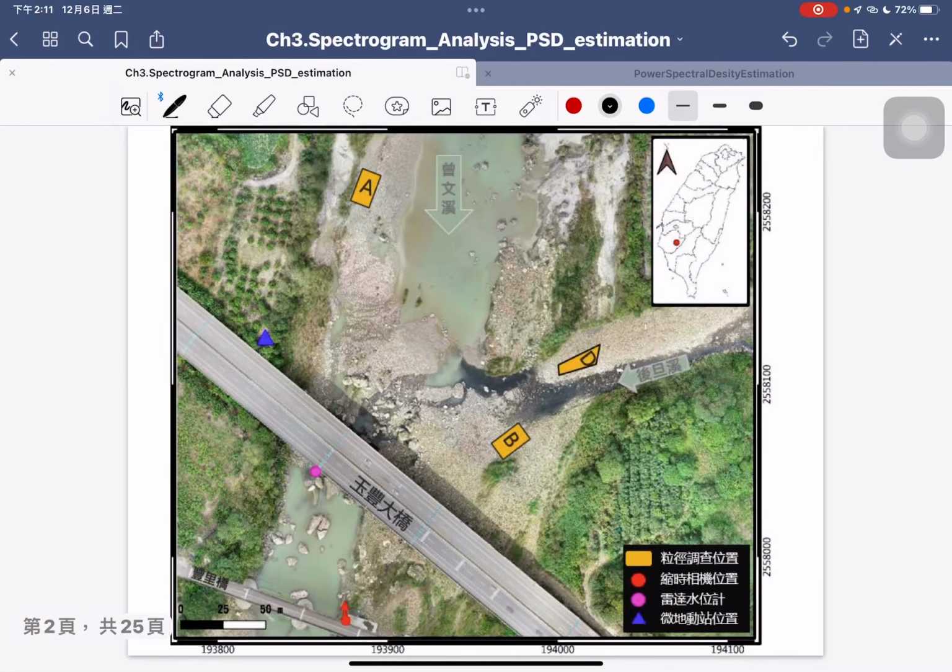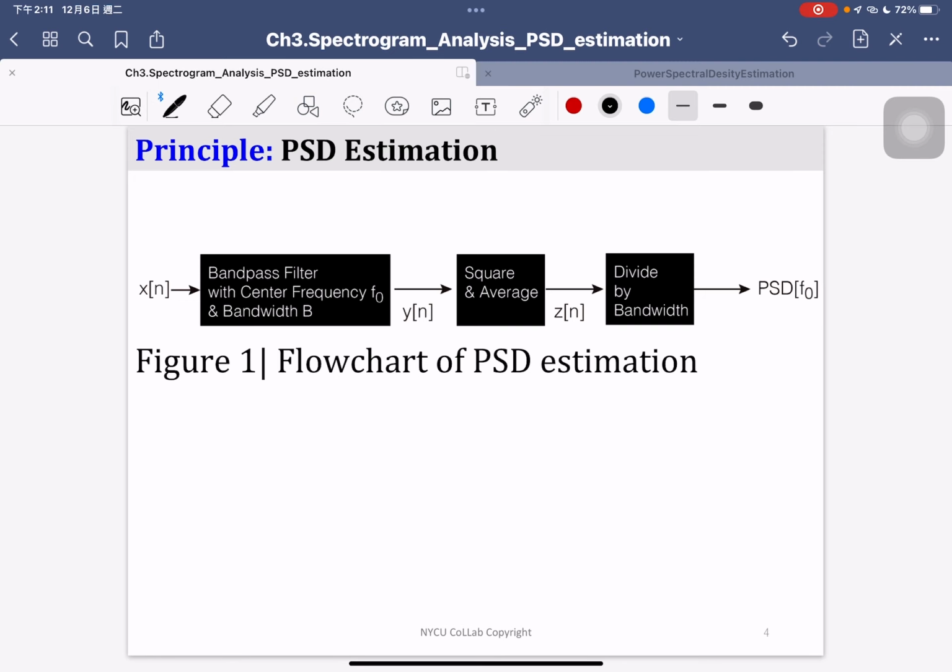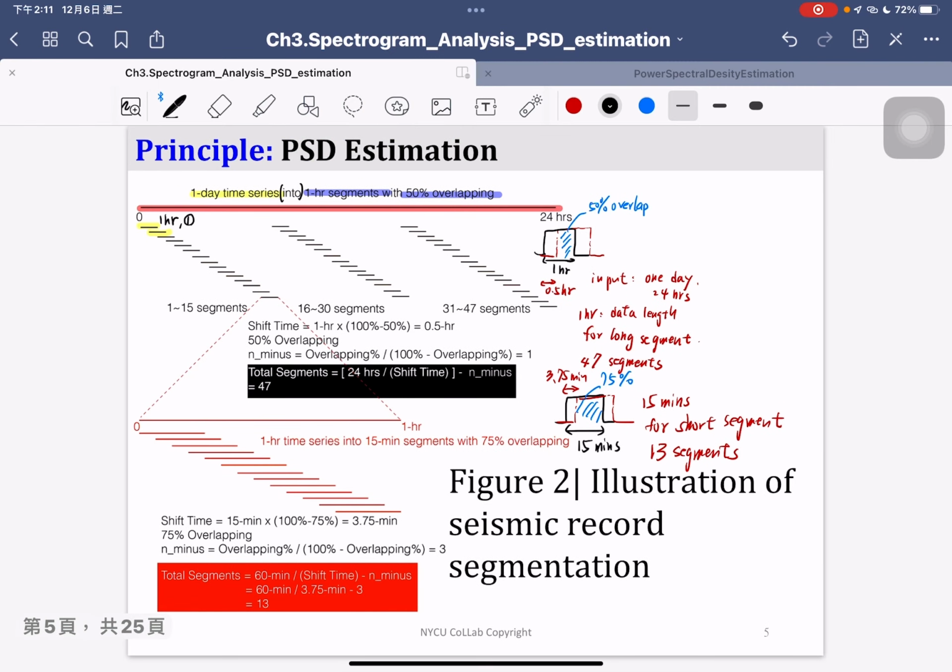The idea is quite simple, because we are analyzing long data. We can't just put the long data directly into the program because the computational time is quite large.